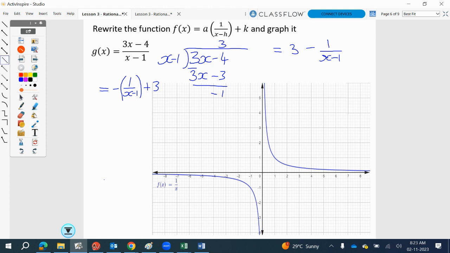The vertical asymptote is always x equals, so it would be what? Now the denominator will be 1. What value of x makes the denominator 0? 1.